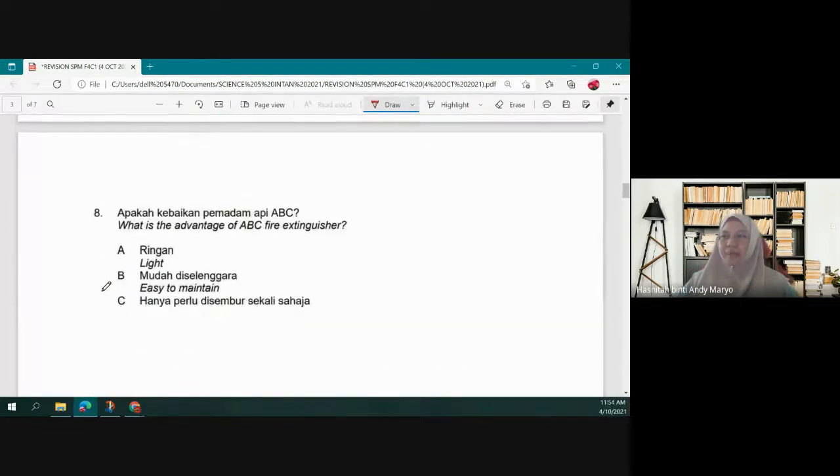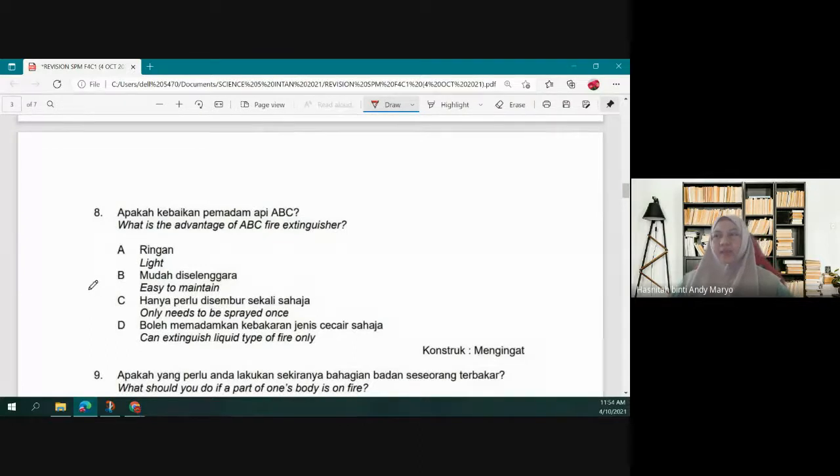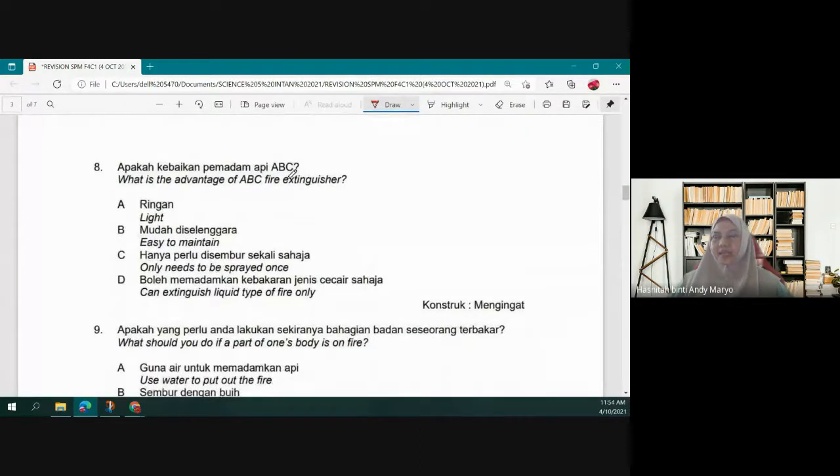Then we move to number 8. So ABC, this is one type of fire extinguisher. The question is, what is the advantage? So you can always underline or highlight the important statement asked in the question. What is the advantage of ABC fire extinguisher?